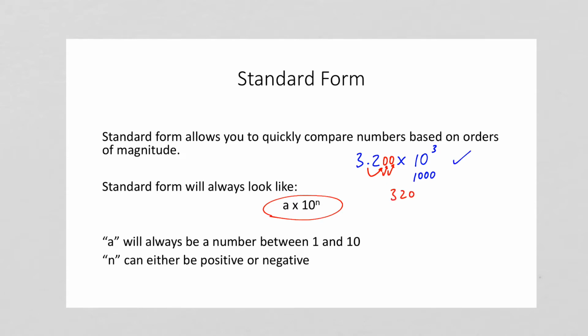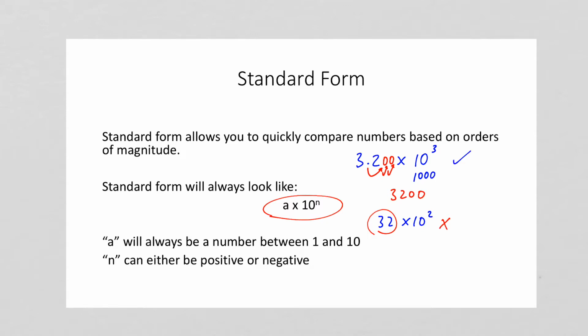So that is going to be 3,200. If I were to write this as 32 times 10 to the 2, that's also 3,200, but that's not standard form. The reason that it's not standard form is that the first number needs to be a number bigger than 1 and less than 10. So obviously 32 is bigger than 10. That's not going to work.